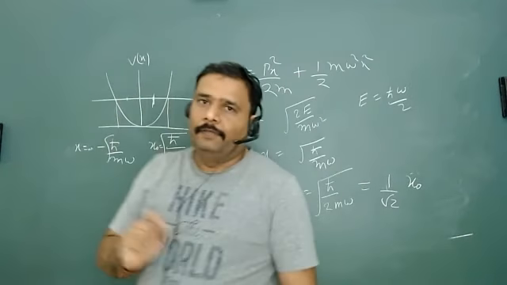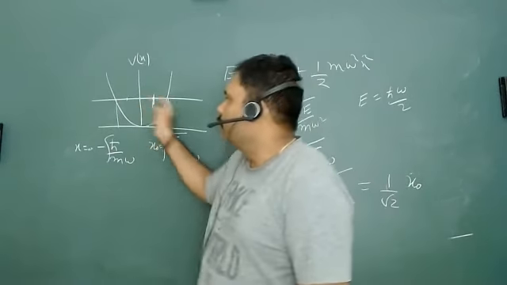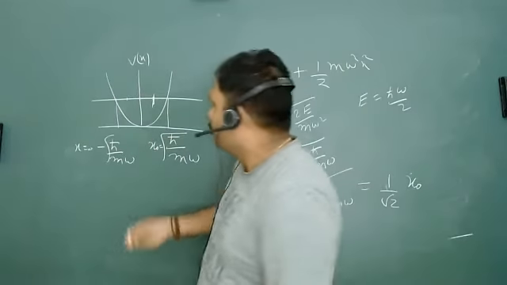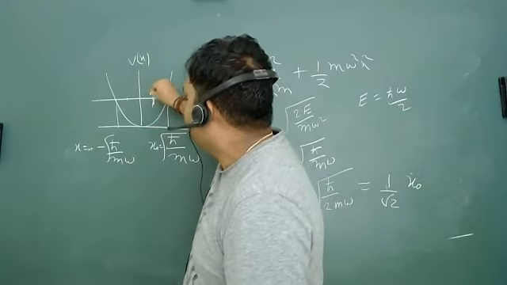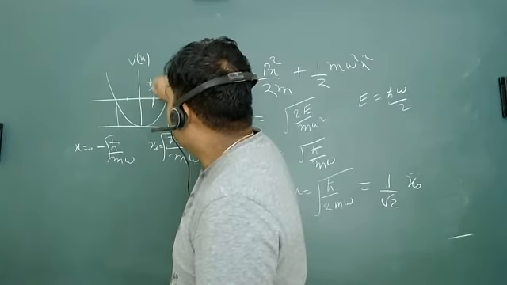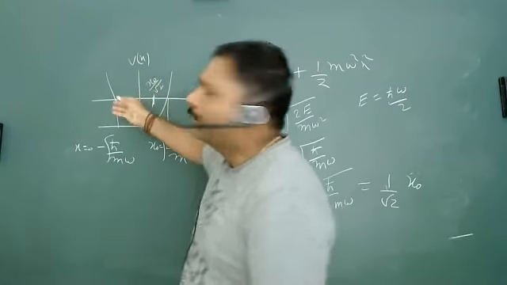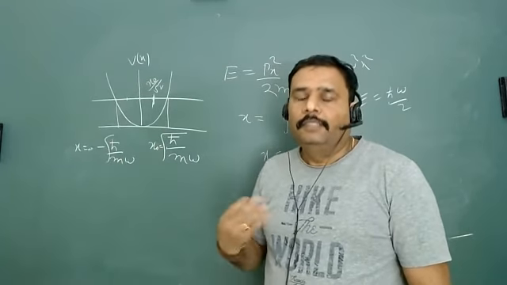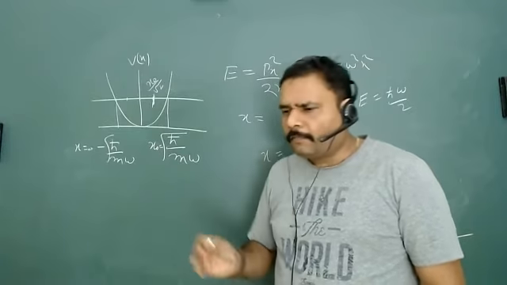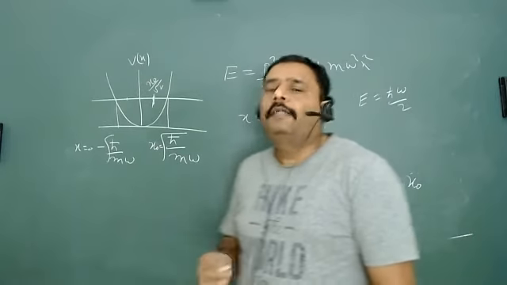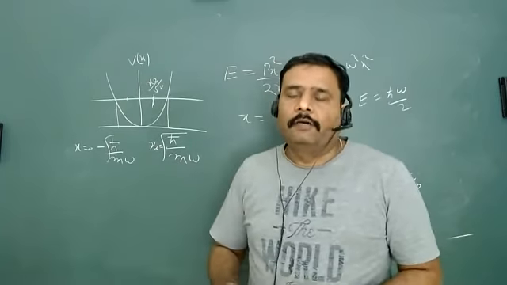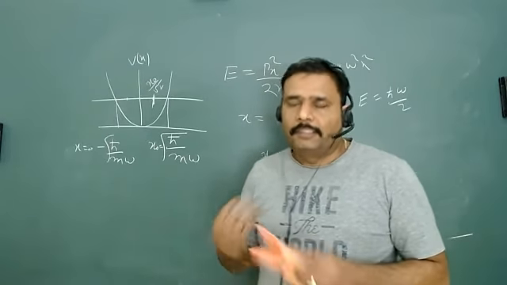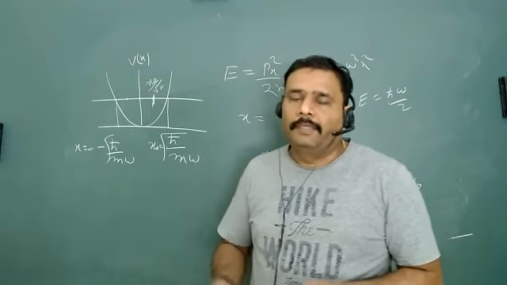The particle will move inside this region, and for this delta x, which is nothing but x naught by root 2, you can take the minus sign also. You can find that this energy is minimum. So you cannot neglect classical mechanics or classical features of a particle or a system to understand quantum mechanics.